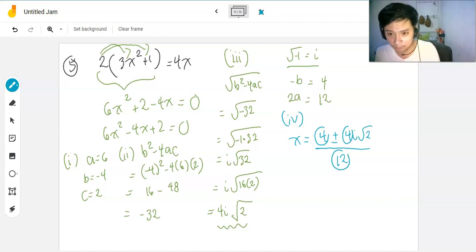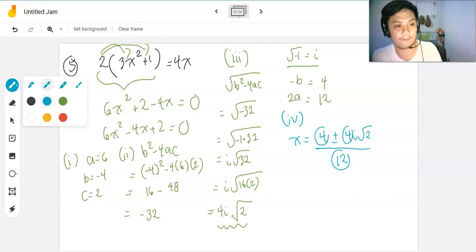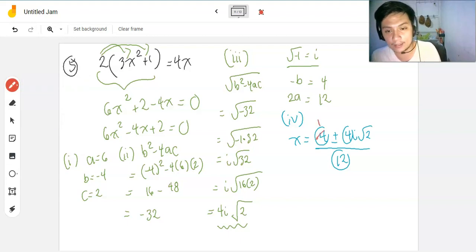Siyempre, yung mga real number coefficients ng ating titingnan. 4, 4, and 12 are all divisible by 4. So, 4 divided by 4 is 1. 4 divided by 4 is 1 nga. Tapos 12 divided by 4 is 3. So, magiging 1 plus or minus 1i lang yun. So, 1 times i is just i. And then, square root of 2 all over 3.